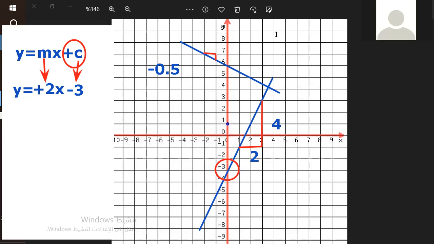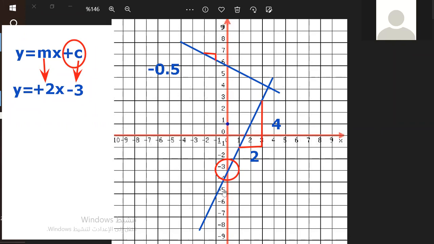Sir, for these questions, wouldn't it be easier to just put the formula into y equals mx plus c and then do the table way and then plot it? Some questions will tell you to write the equation, yes, you write y equals mx plus c and figure it out.